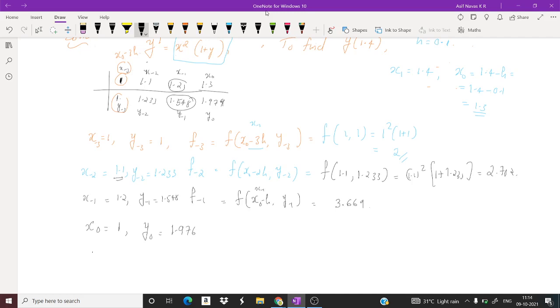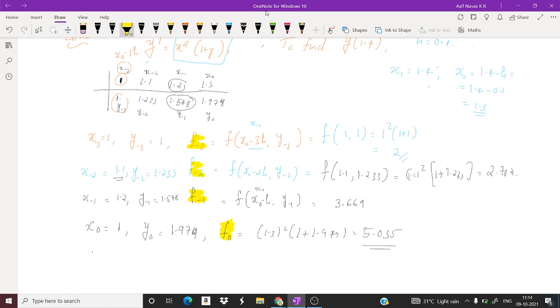Then f naught is 1.3 square into 1 plus y naught, which is equal to 5.035. So here we have found f minus 3, f minus 2, f minus 1, f naught.